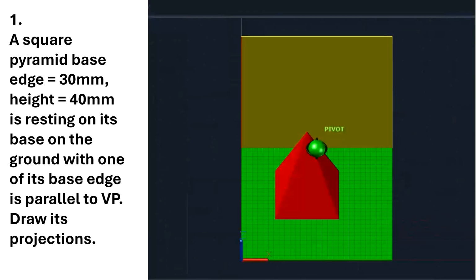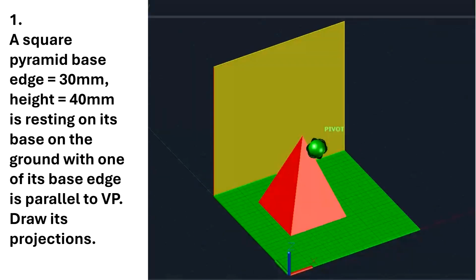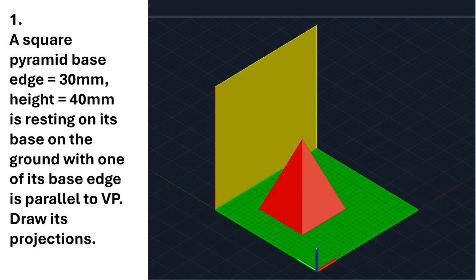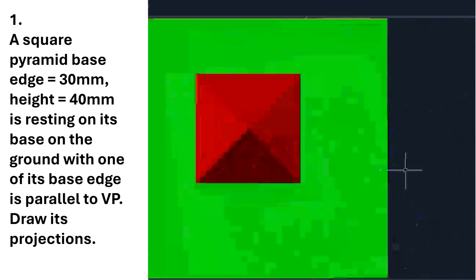But now my job is to see how it appears in the top view and the front view. So to see that, I need to draw the top view. The top view appears like this.